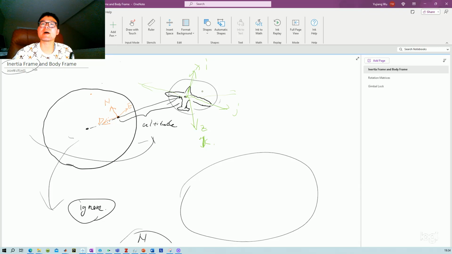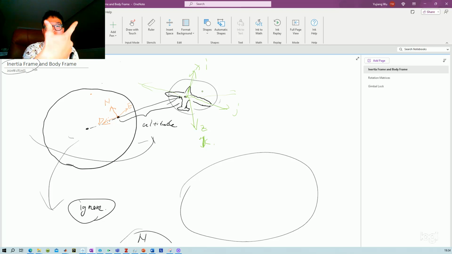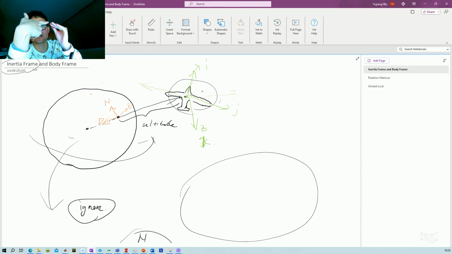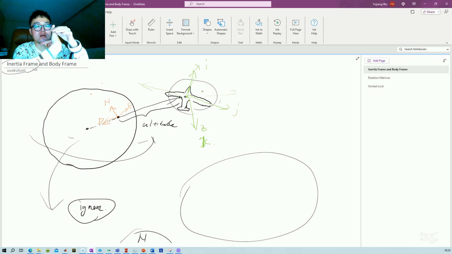What do we mean by right-handed frame? Right-handed frame is essentially if you use your right hand, your index finger is your x-axis, your middle finger is your y-axis, and your thumb is your z-axis.